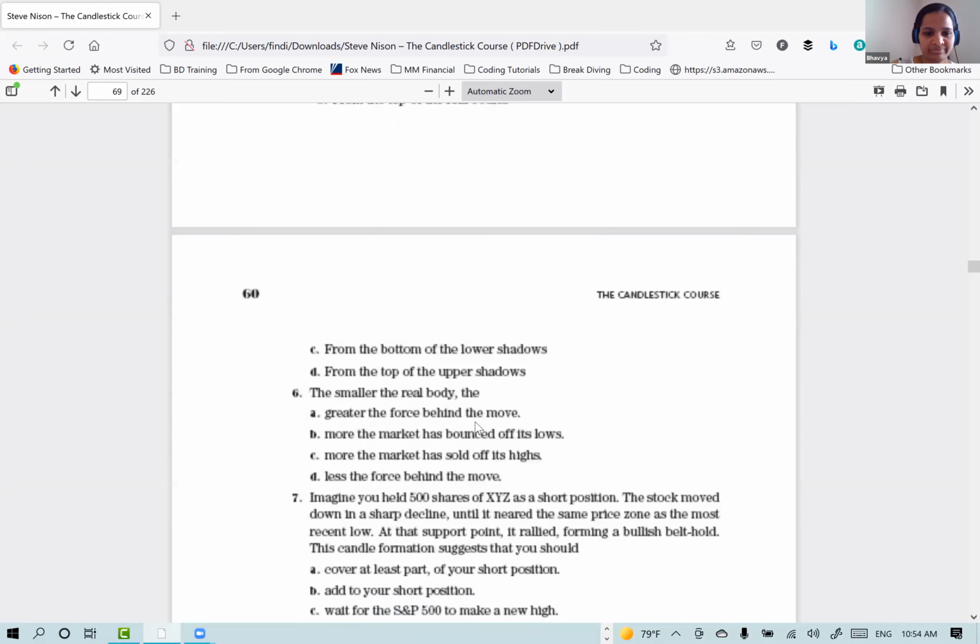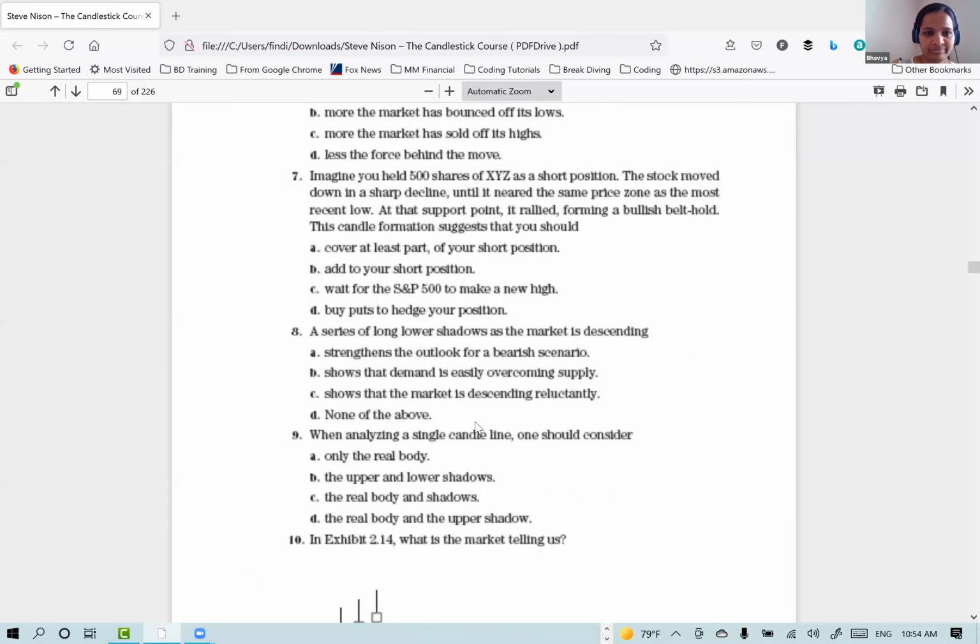Question 7. Imagine you held 500 shares of XYZ as a short position. The stock moved down in a sharp decline until it neared the same price zone as the most recent low.